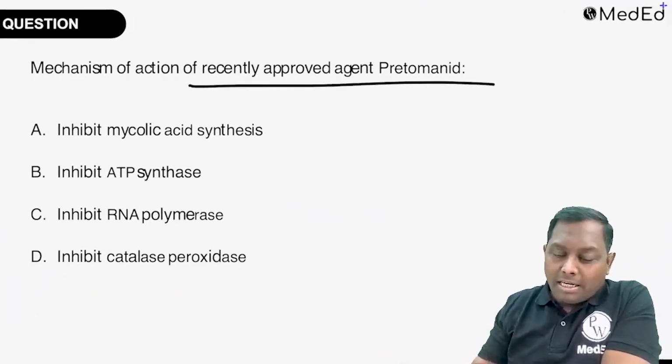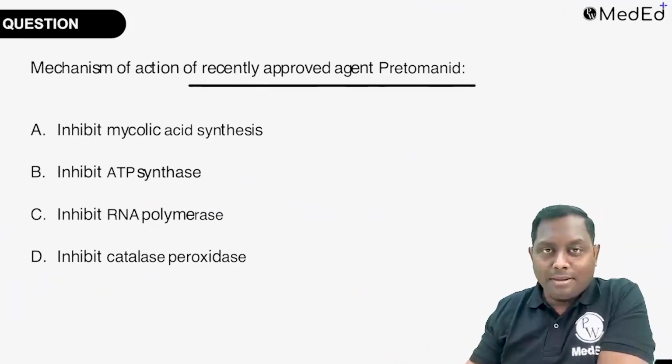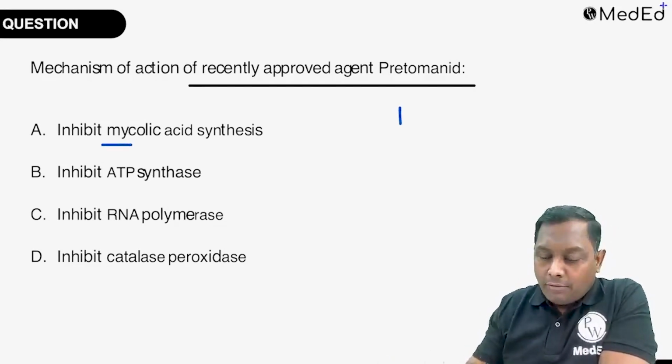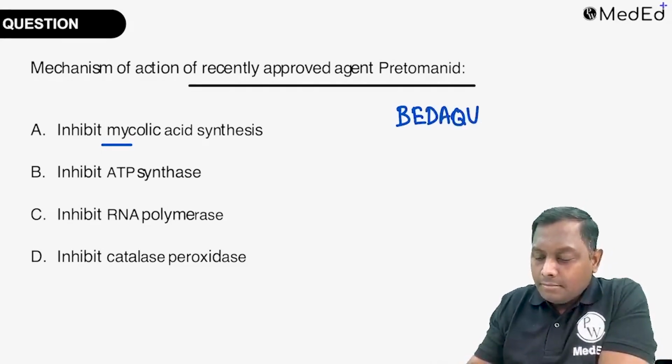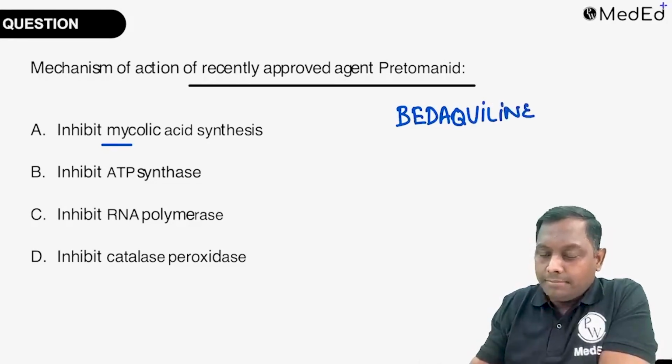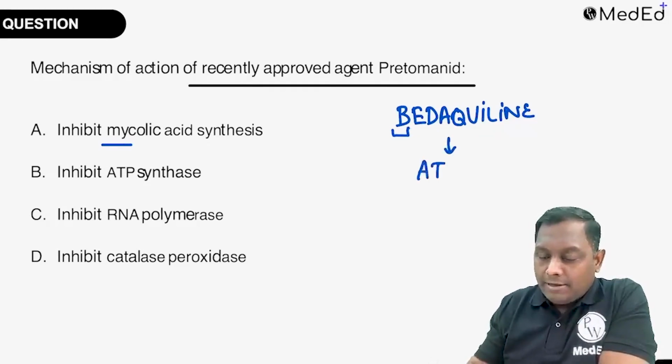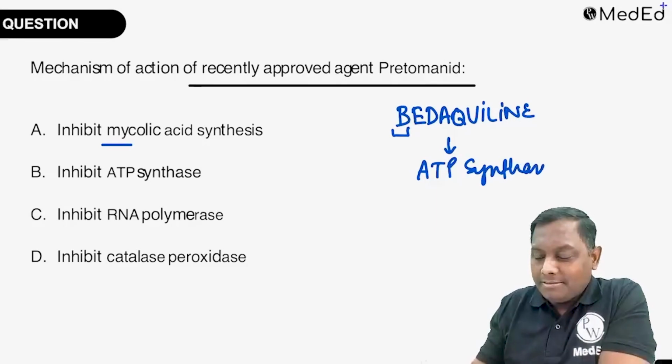Mechanism of action of the recently approved drug Pretomanid. Earlier I predicted this: mycolic acid synthesis inhibitors, and we have 2 important drugs, bedaquiline, which is an ATP synthase inhibitor.